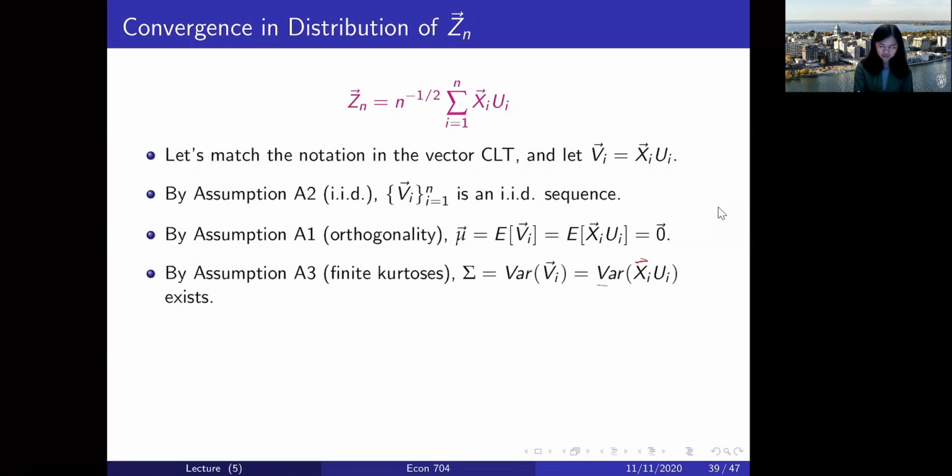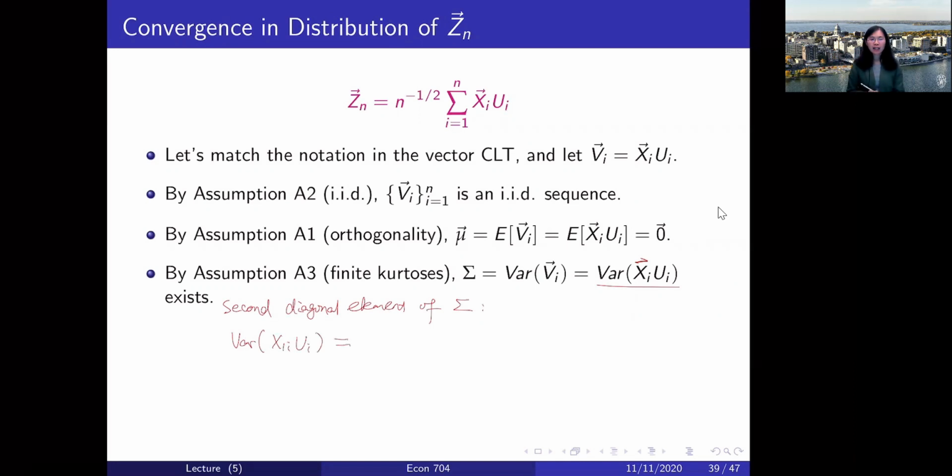So the variance covariance matrix, let's only show the finiteness of one element. Maybe not the first element, but the second diagonal element of sigma, which is the variance of x1i ui.